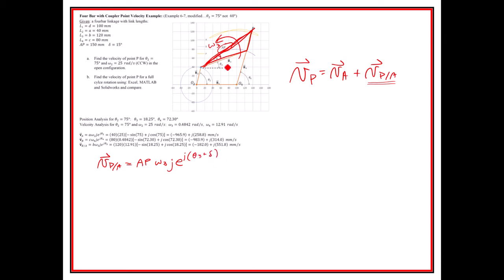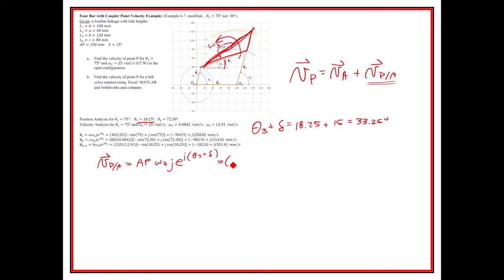Because this is delta right here and this is theta 3, so that's the angle. And so we could put the numbers in, and by the way, that theta 3 plus delta is going to be 18.25 from our position analysis right here, plus our 15, and that's 33.25 degrees.